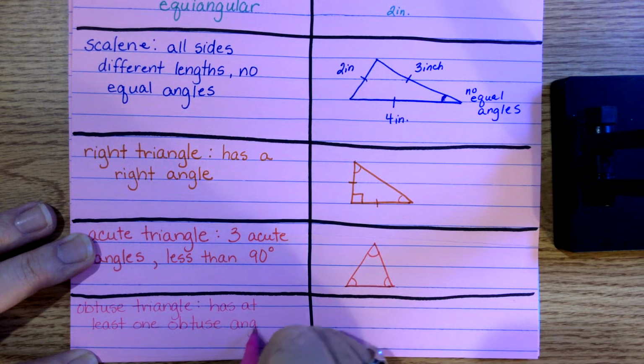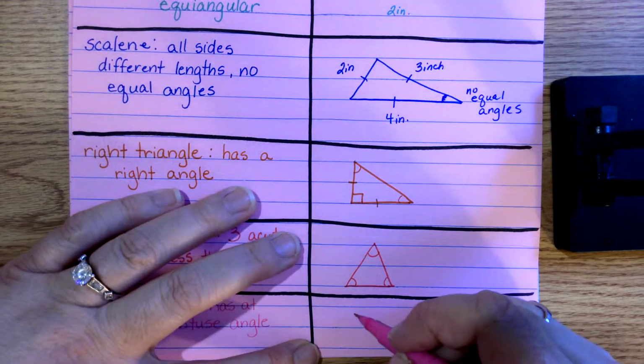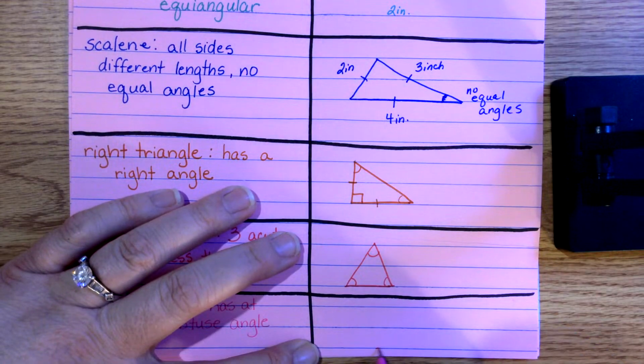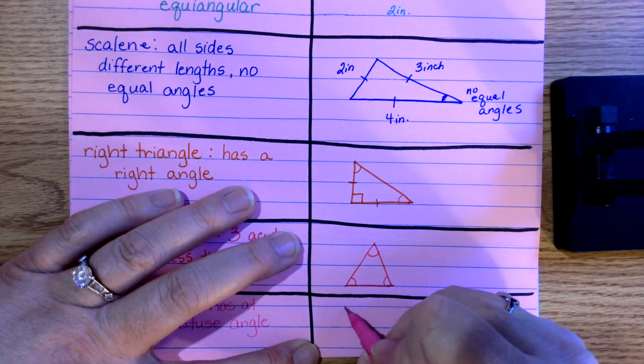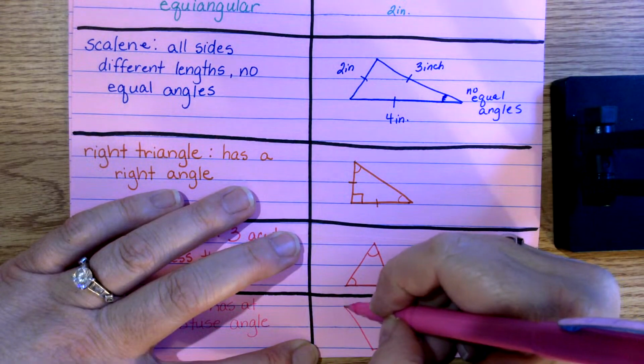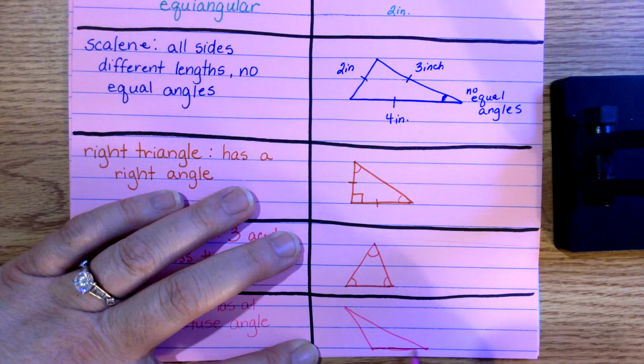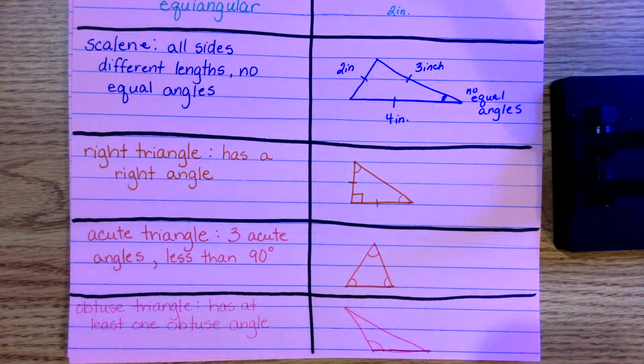And remember that obtuse angle is the fat man sitting on his recliner. So we're going to look at that and we're going to say, okay, here's the fat man sitting on his recliner right here. That is an obtuse triangle.